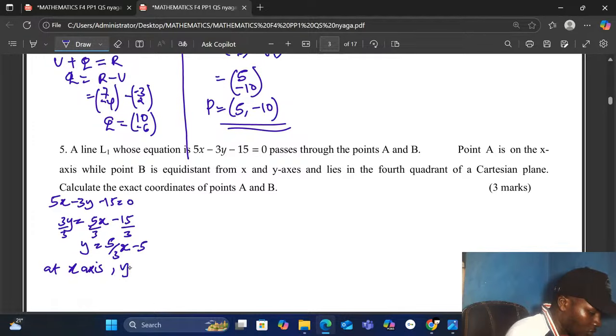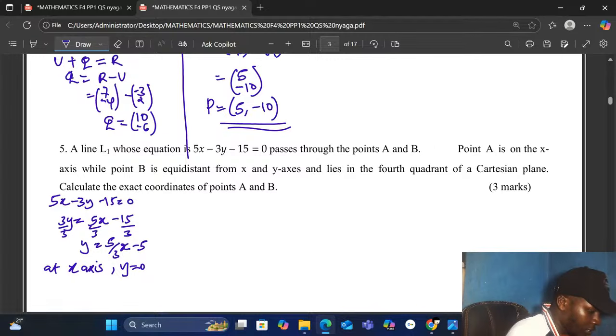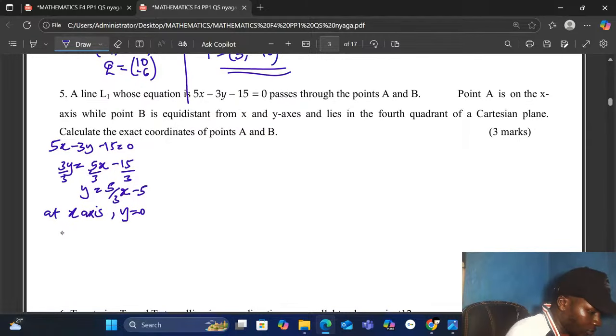So at the x-axis, y is equal to 0. Then we equate, now that y is 0, we say 0 is equal to 5 over 3 x minus 5. So that we now have 5 over 3 x is equal to 5.